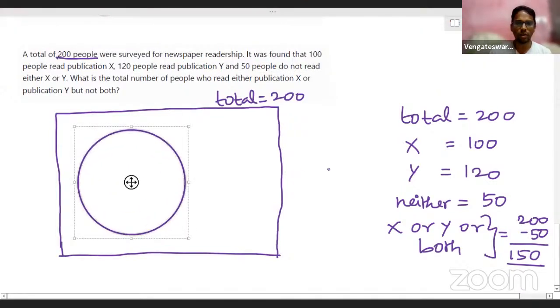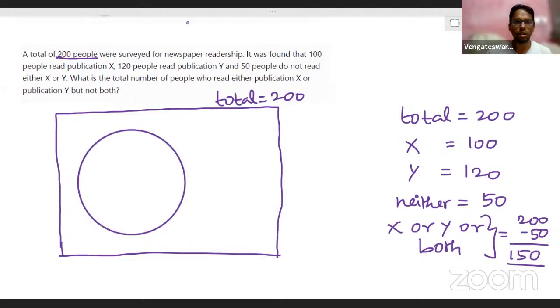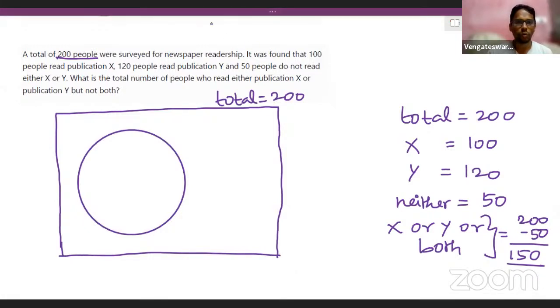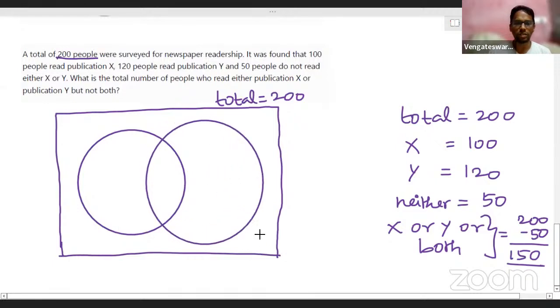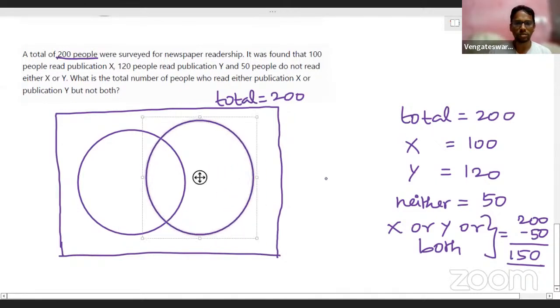I'm just going to build two sets. One circle for one set, and here is the other circle. This is for the other set. Now let's suppose this is X, this is Y. Now remember, X is going to be 100 and Y is going to be 120. And outside is where we have those 50 people.